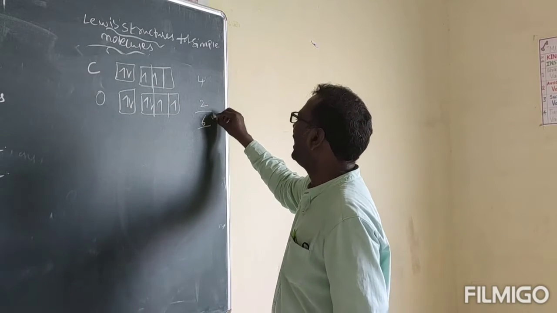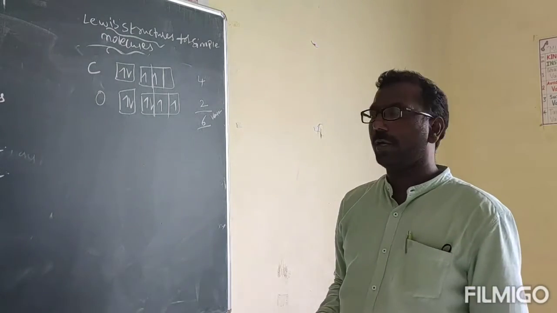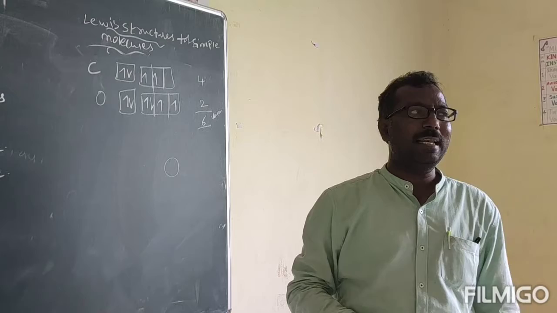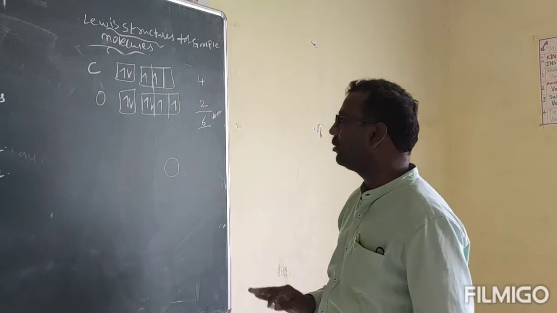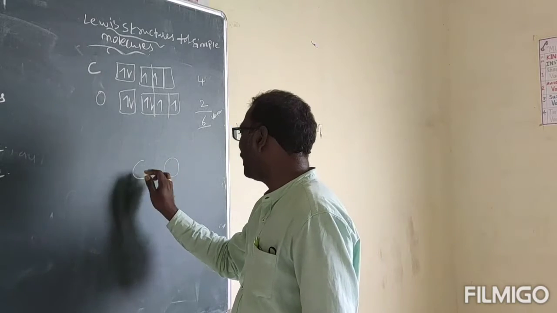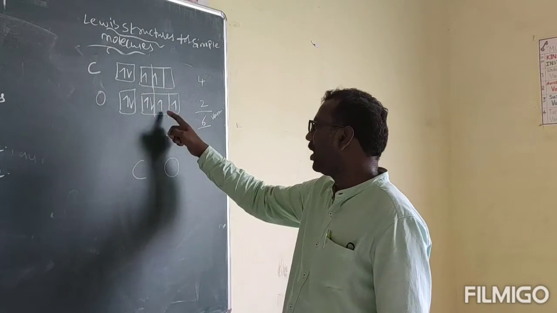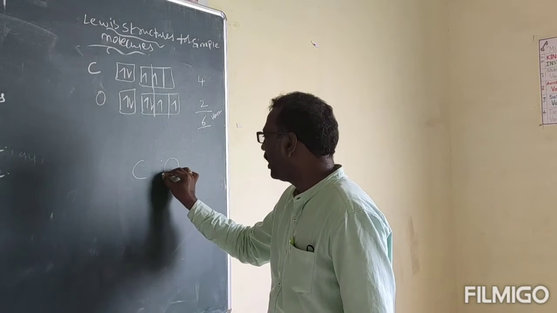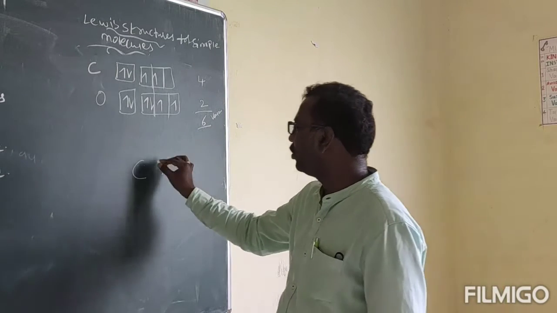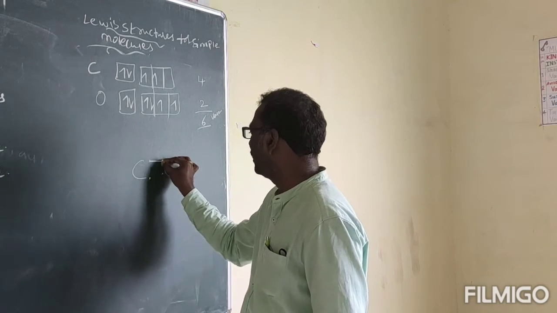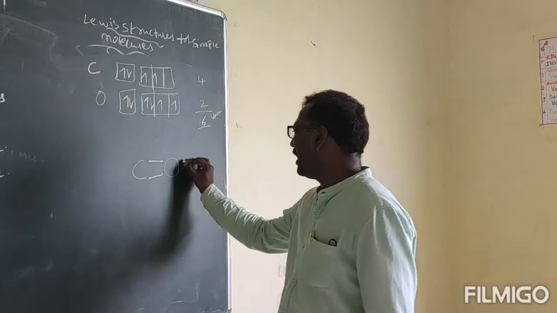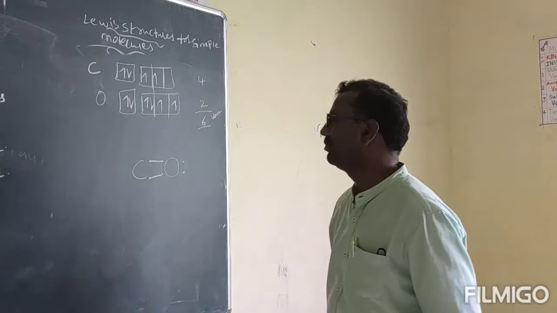Totally 6 is the valency electrons. Now we have to draw only the valence shared electrons as per Lewis, and there will be a bond between carbon and oxygen. Oxygen has 2 unpaired electrons, so they will form a bond with 2 unpaired electrons of carbon. It is finished. And oxygen has a paired electron.